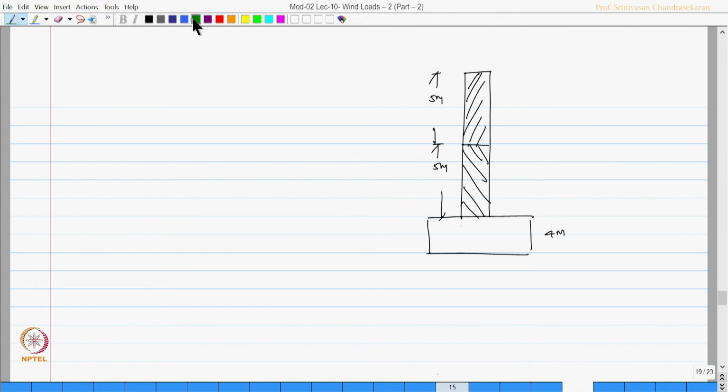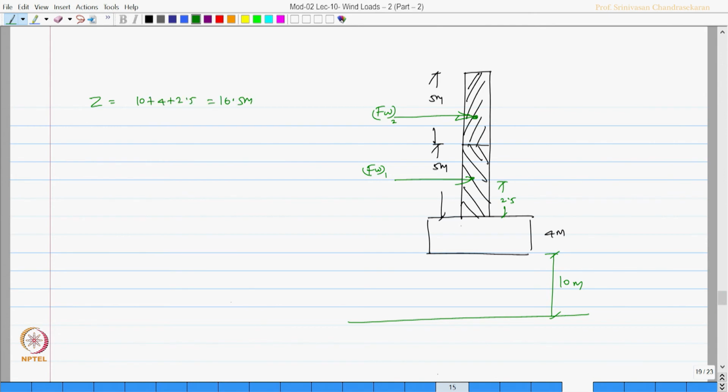I call this FW2 and this FW1, and this is going to be 2.5 and this is my MSL which is 10 meter. Therefore, Z is going to be 10 plus 4 plus 2.5 which is 16.5 meter.